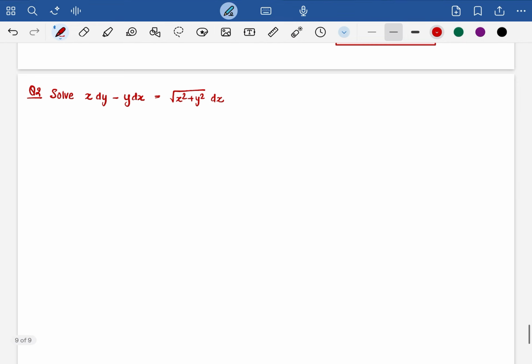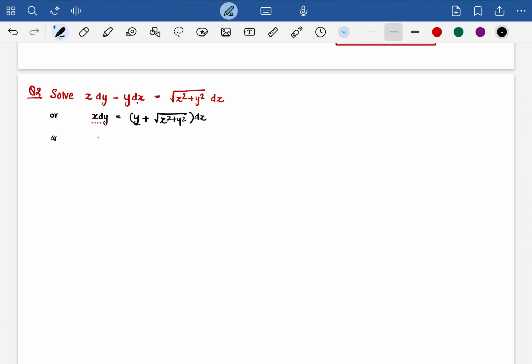So what's the first step? We try to reframe the things into dy by dx form. So can we say x dy, and take the dx common? This term will be getting into the right side. So can we say y plus under root of x square plus y square into dx?